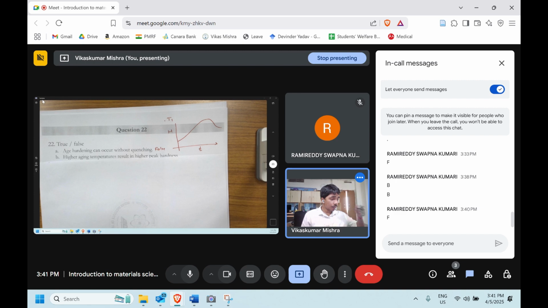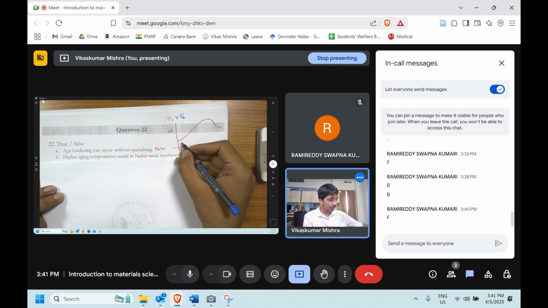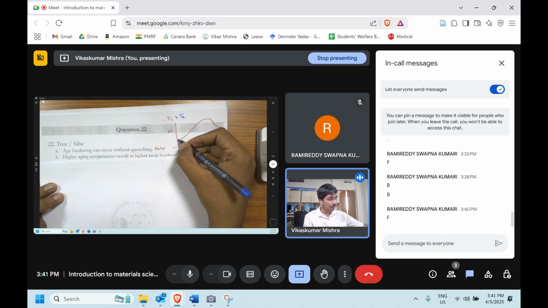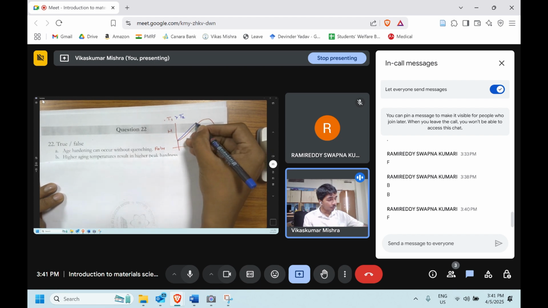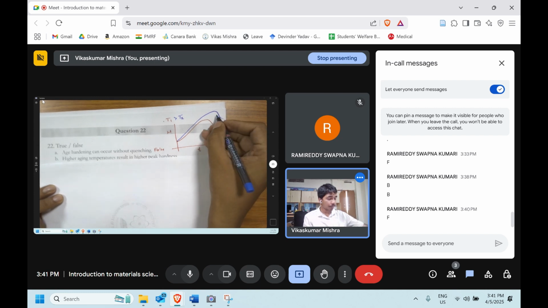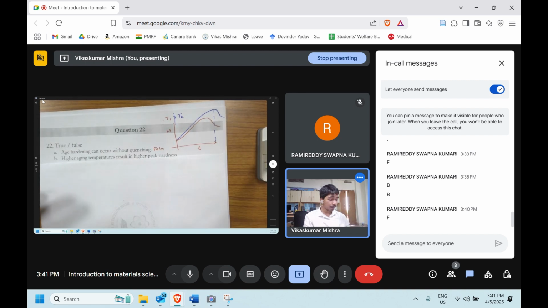Now I'm doing the aging at the temperature T2, which is lower than T1. In that case, it will achieve more hardness value, but again it will require more time. The time required is more, but the hardness value is also more.